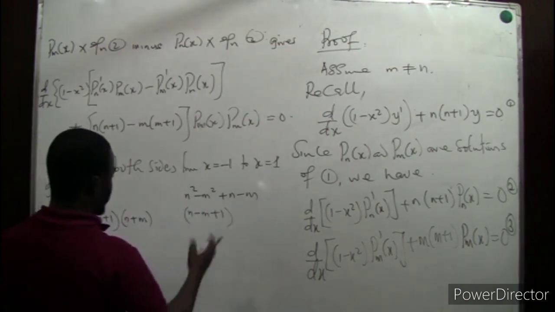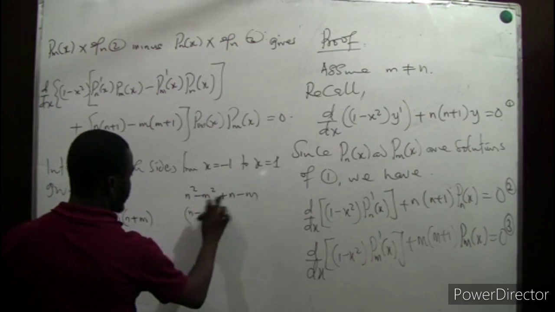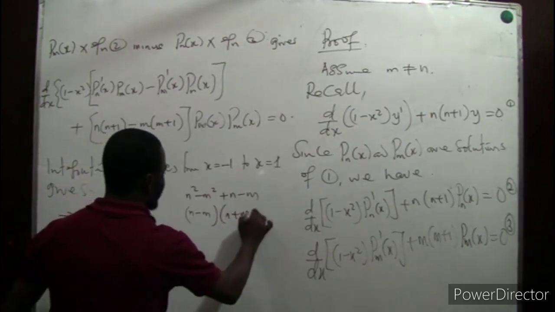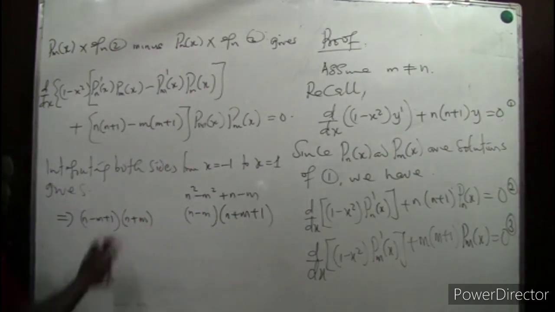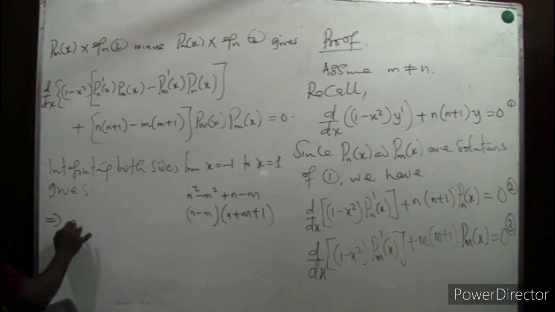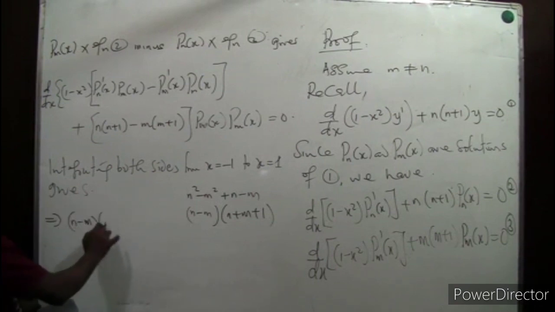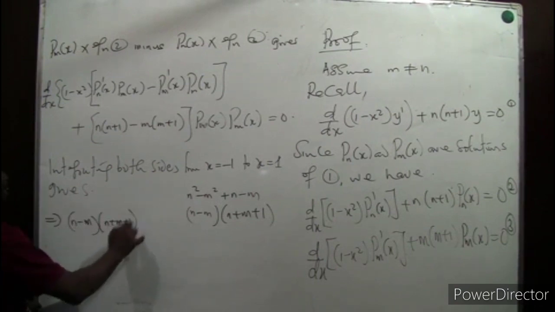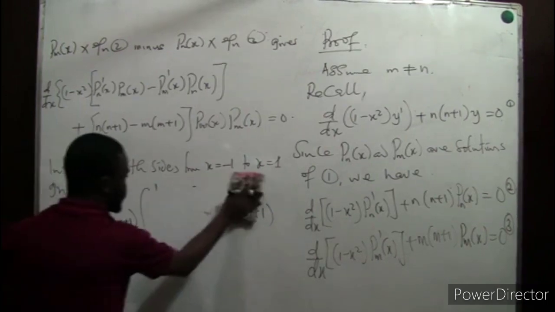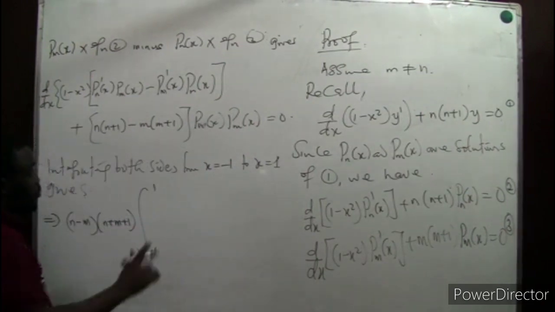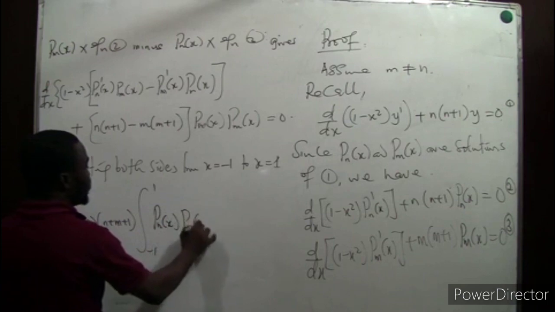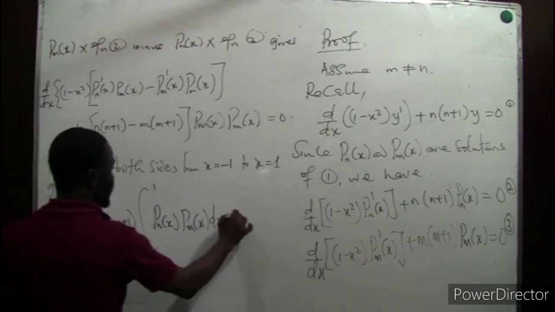N minus m is common. N minus m into n plus m plus 1. Yeah, that is the factorization. So this now implies that I have (n minus m)(n plus m plus 1) times the integral from minus 1 to 1 of Pn of x Pm of x dx equals 0.